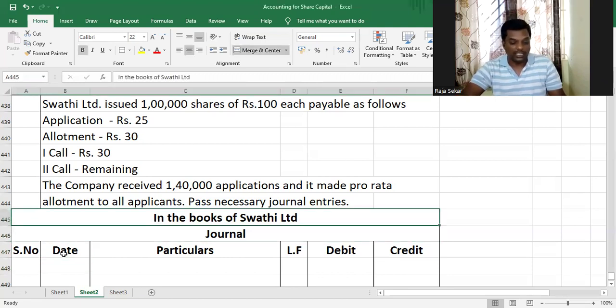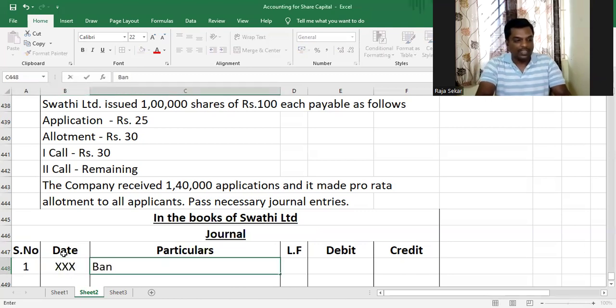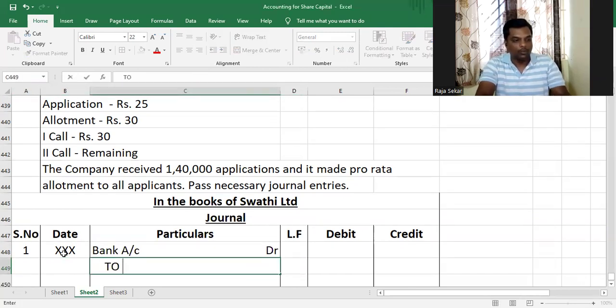So we write in the books of Swati Limited, journal, which is important. The format is important, my dear children, from the CBSE point of view. And then we pass the first journal entry. What is the first journal entry? It is the first transaction, receiving application money. The journal entry for receiving application money is: Bank account debit to share application account.